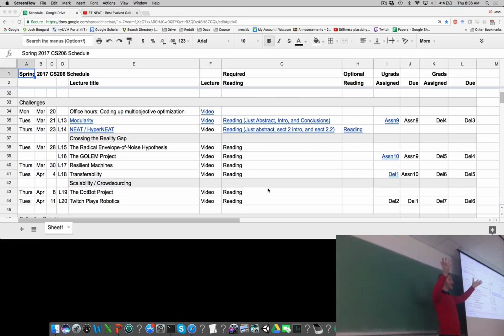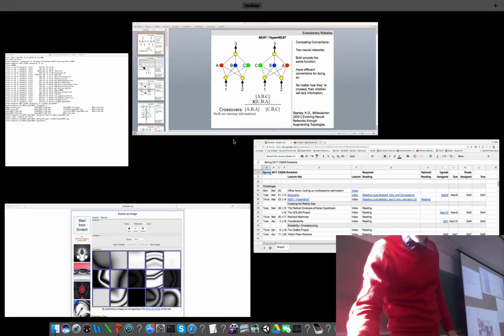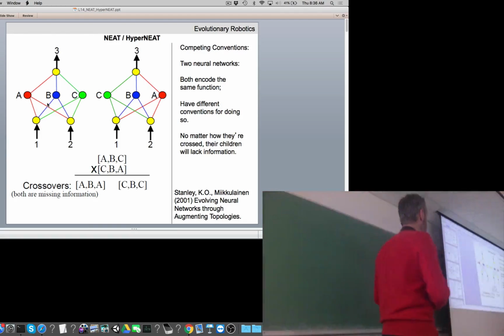They've solved different parts of one bigger problem, coming back to this issue of modularity, perhaps by recombining it we can bring together these two innovations that have been found in two different lineages and combine them in the same organism, or in our case, when we finish lecture 14 today, as you'll see, in the same robot. Okay, so let's have a look at this competing conventions problem in a little more detail.